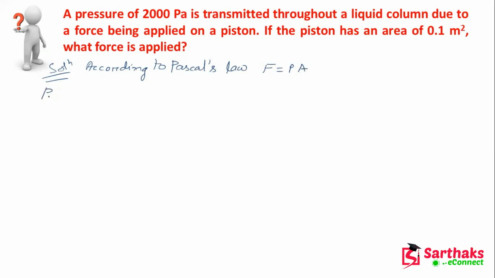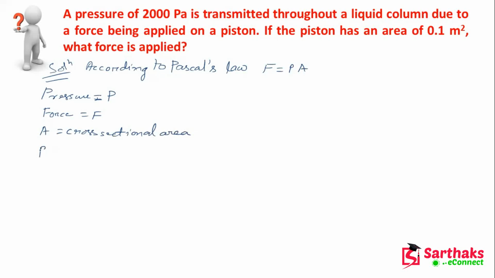Now P is pressure, F is force, A is the cross-sectional area.